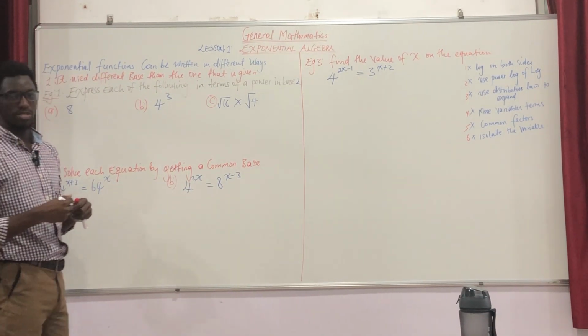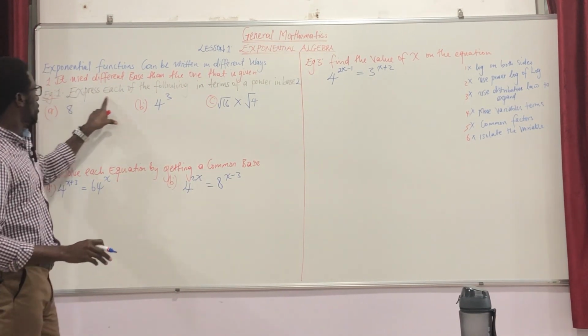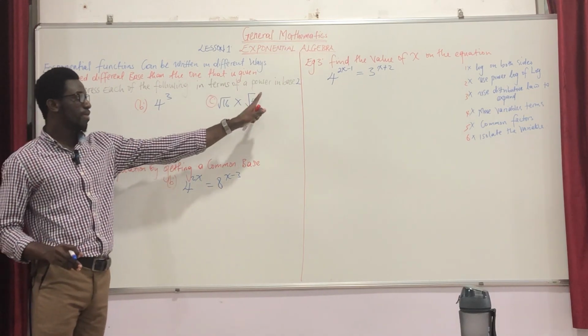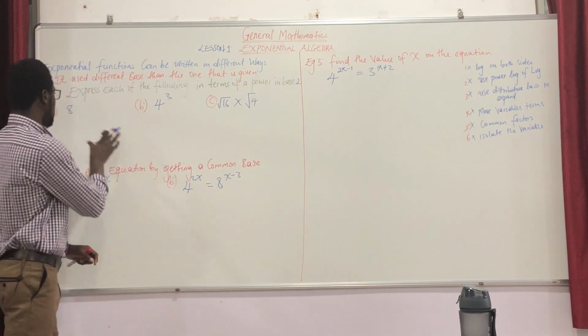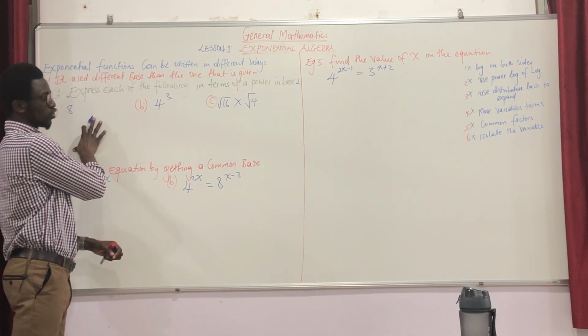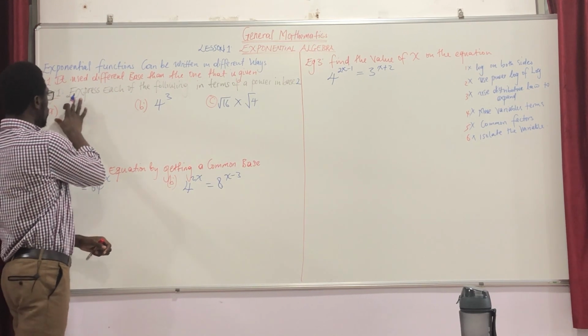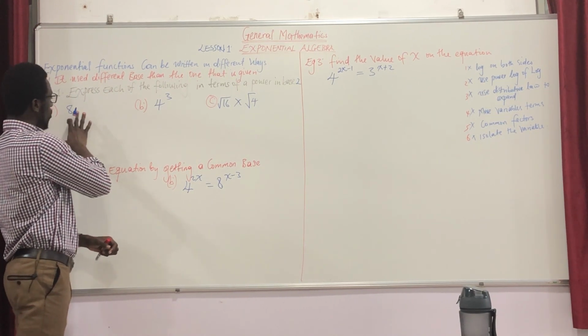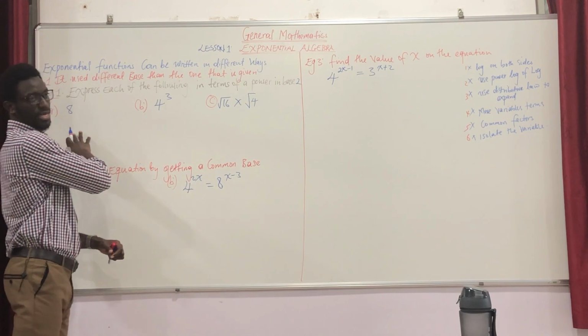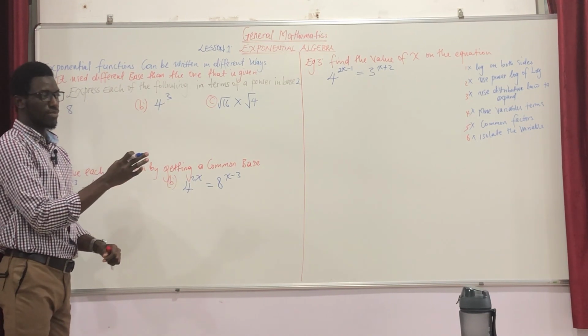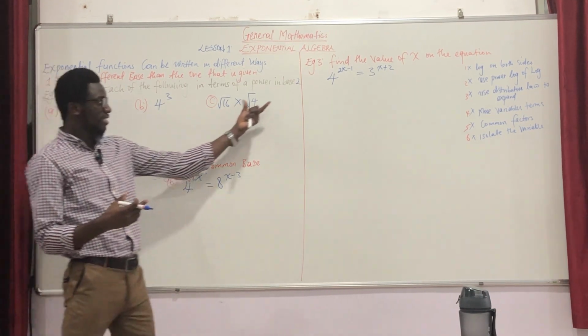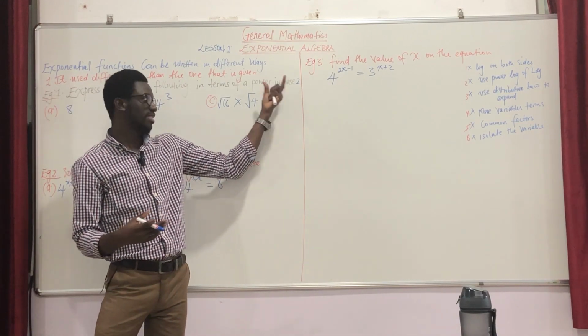So the first question on the board says express each of the following in terms of a power in base 2. So our target here is that the base is supposed to be 2. Which number can you multiply that will give you 8 without any remainder? The base is already given: base 2.